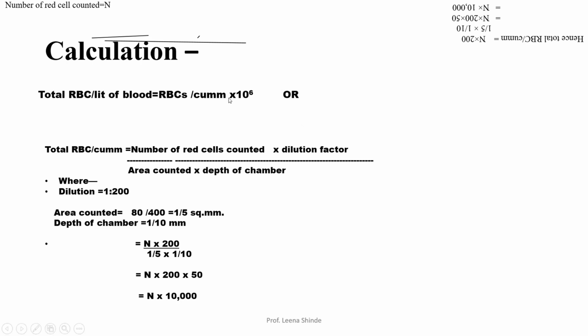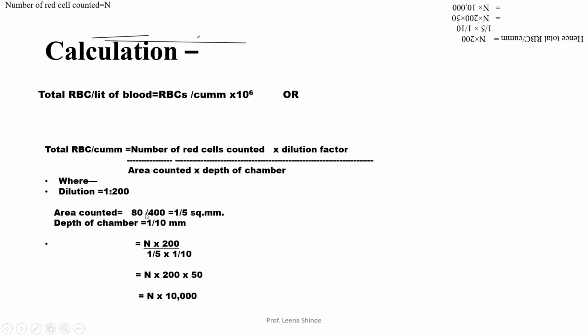Calculation. Total RBC count per cubic millimeter is equal to the number of red blood cells counted times the dilution factor, upon the area counted and the depth of the chamber. Here dilution means 1 in 200, 1 by 200, so we take the figure 200 as the dilution factor.